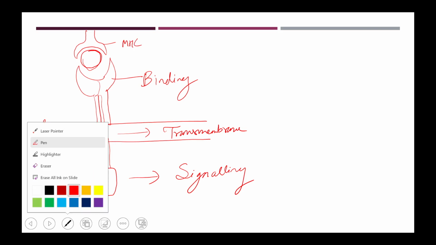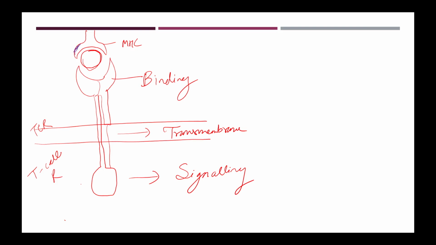Suppose some other cell that has this MHC molecule is presenting this antigen with the MHC molecule, then only can the T cell identify this antigen and bind to it. So that is one limitation here. Once the binding takes place, the signaling molecule gets activated. This is the first signal.